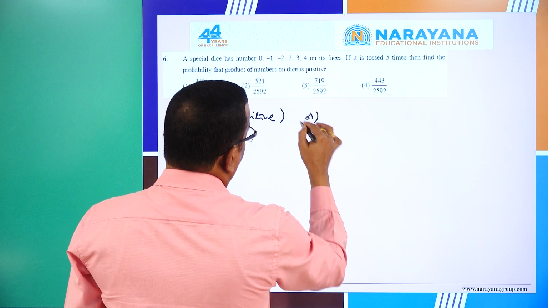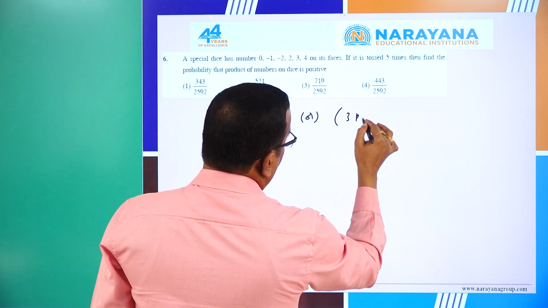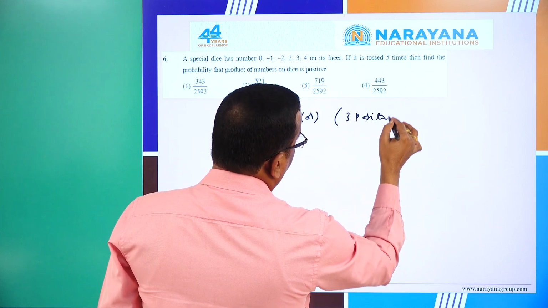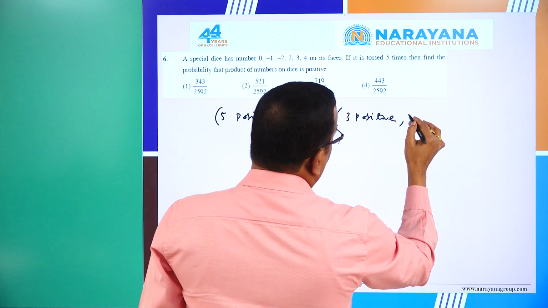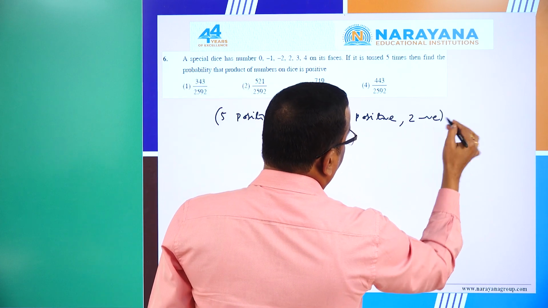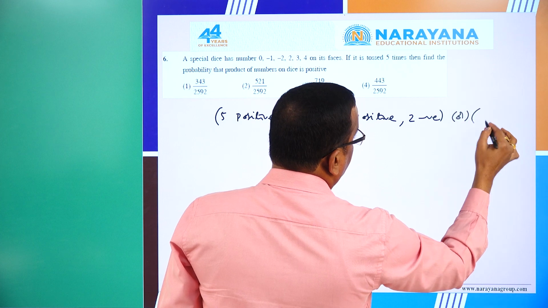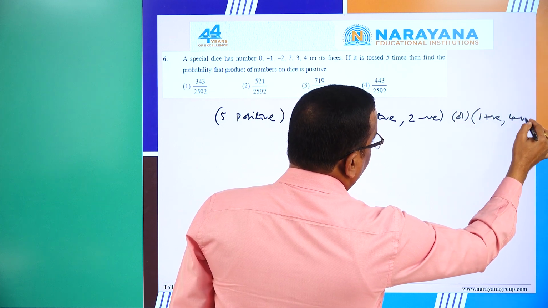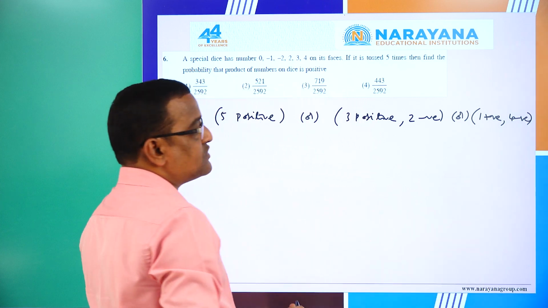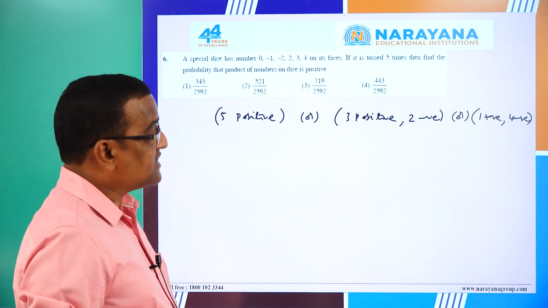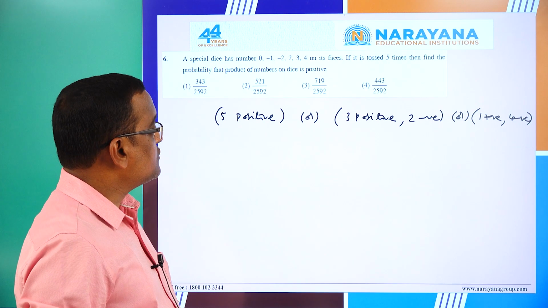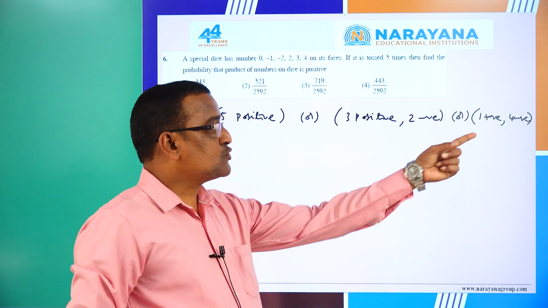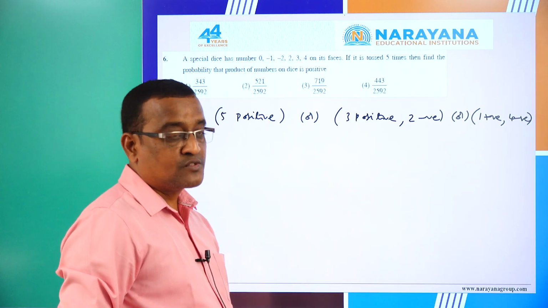or 3 positive, 2 negative, or 1 positive, 4 negative. So we have to select the 5 like this: all 5 positive, 3 positive 2 negative, 1 positive 4 negative.